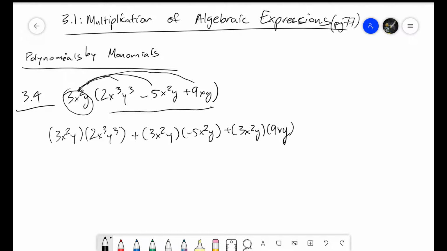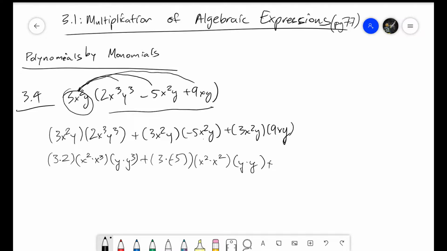So then now we multiply each of these monomials by each other. So 3x squared y times 2x cubed y cubed is equal to 3 times 2 times x squared times x cubed times y cubed. Now 3x squared y times negative 5x squared y is equal to 3 times negative 5 times x squared times x squared times y.